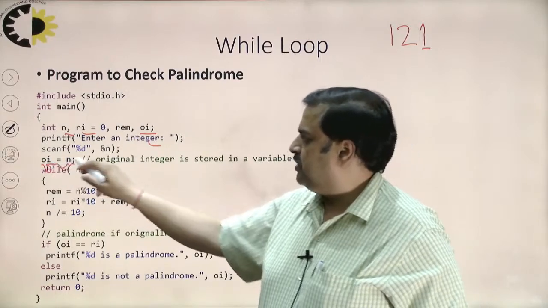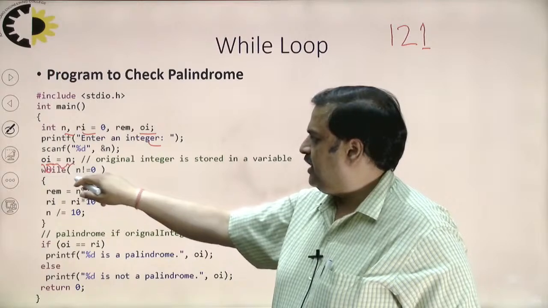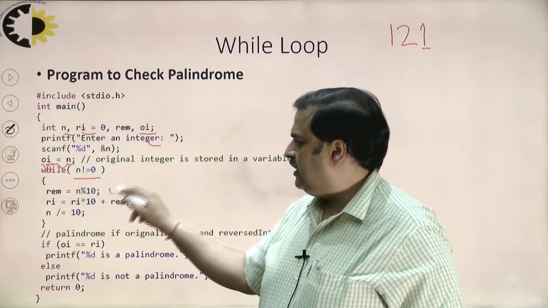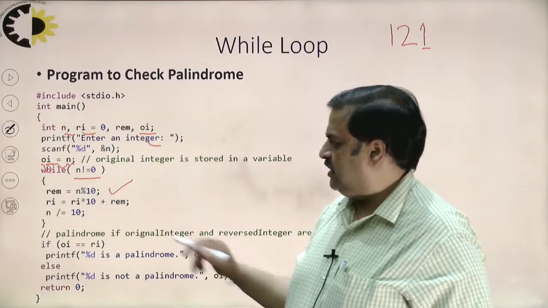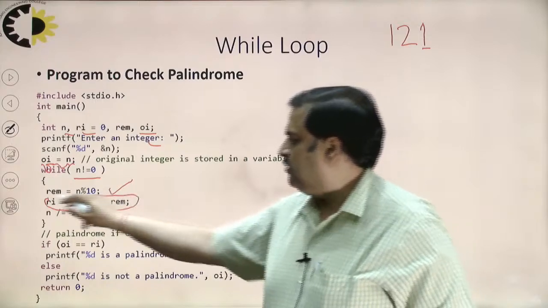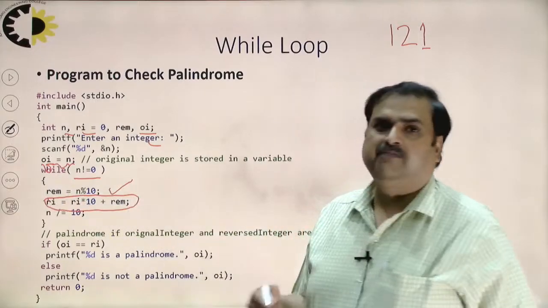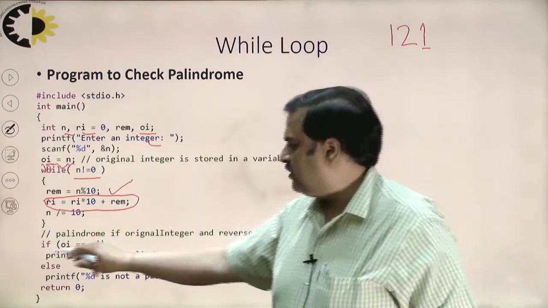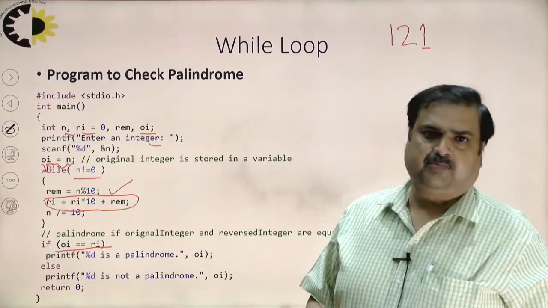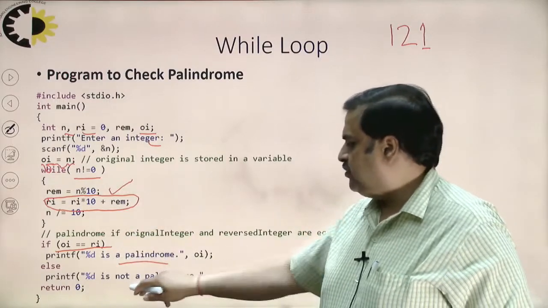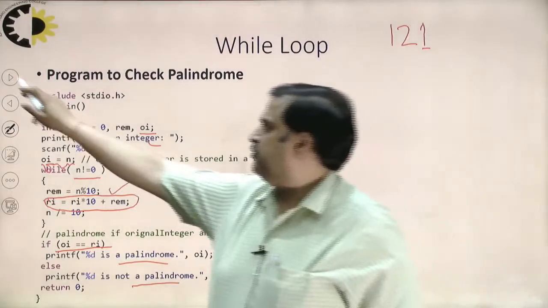In the original number we have stored n, and if n is not equal to 0, then we get the remainder of this number and add it to another number, which is the reverse number. So we are creating the reverse and the original, and later on we check if the original number is equal to the reverse number, then this number is a palindrome, otherwise it is not a palindrome.